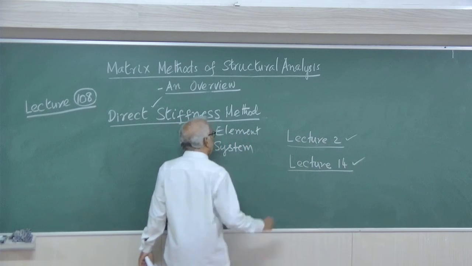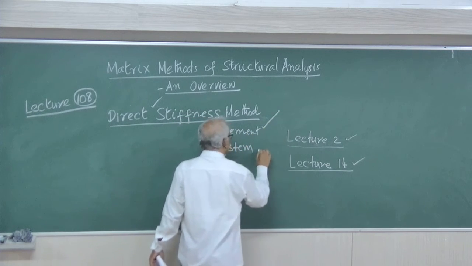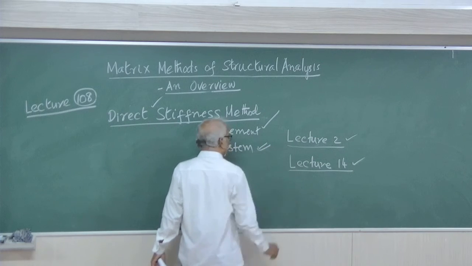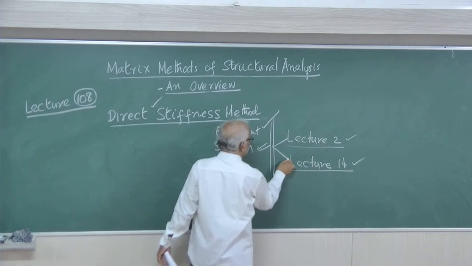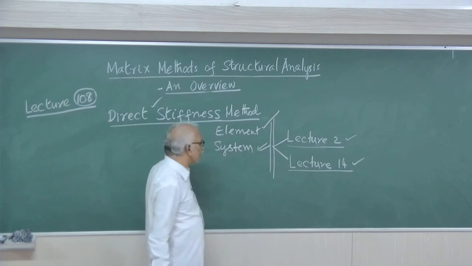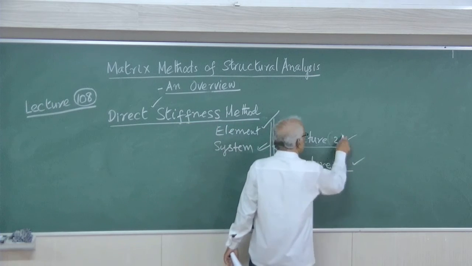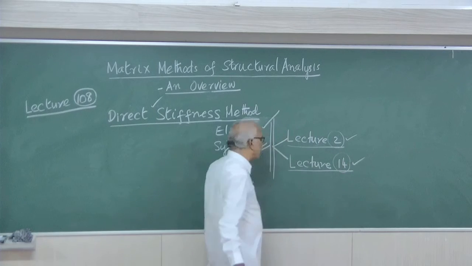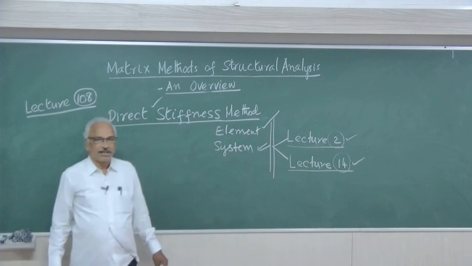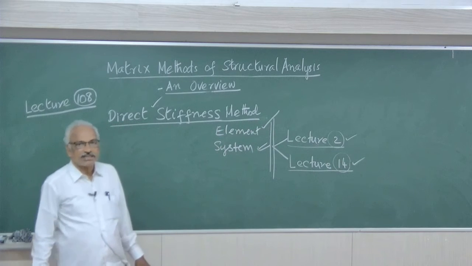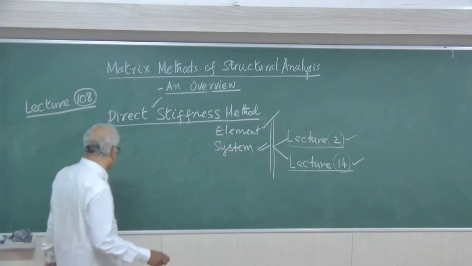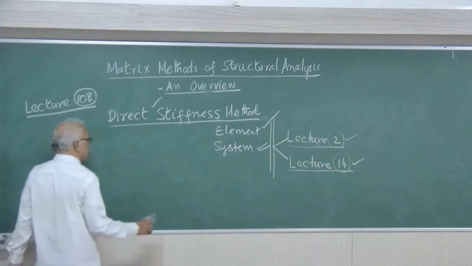The element approach we have already discussed. The system approach we are going to do now. So these two are common for both methods. Therefore, the viewers can go through lecture number 2 and lecture number 14 for generating flexibility and stiffness matrices for determinate structures. This I have not introduced.